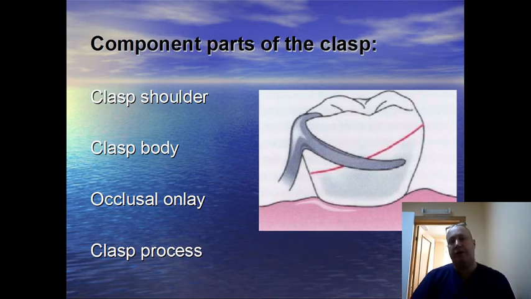Components of parts of the clasp: clasp shoulder, clasp body, occlusal onlay, which divides the chewing pressure from the mucosal membrane to the tooth. And the last one, clasp process.